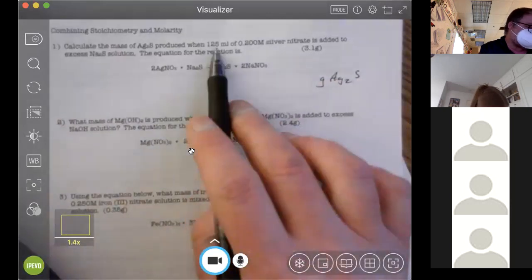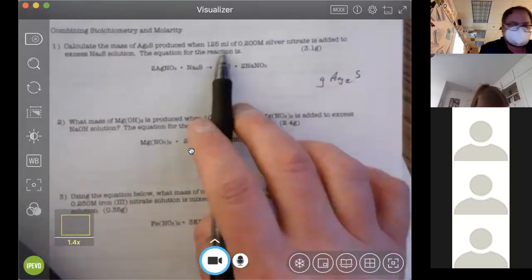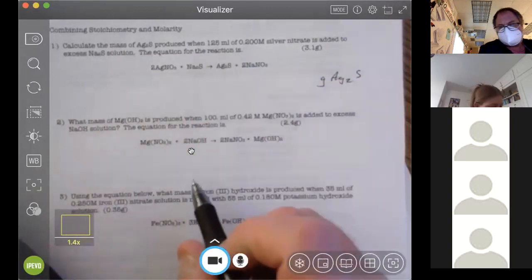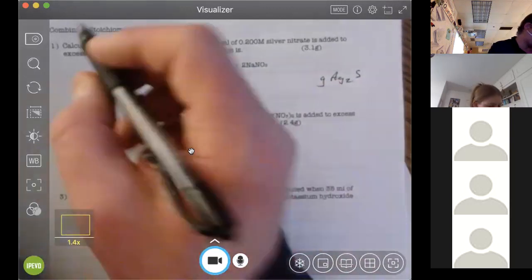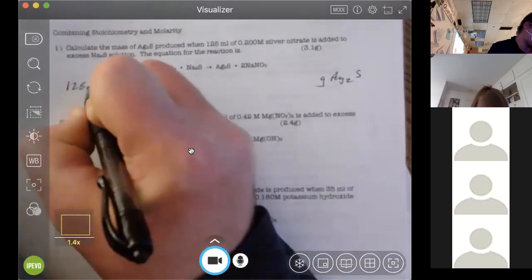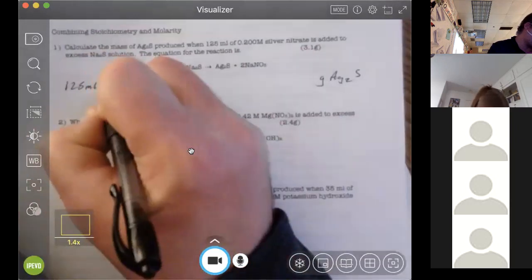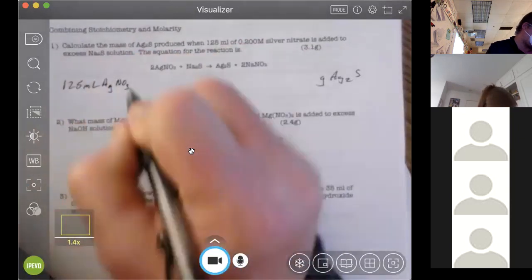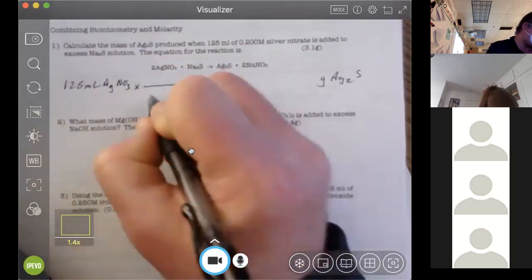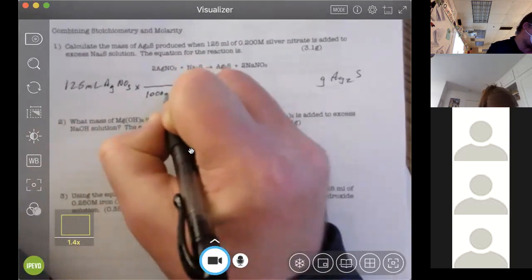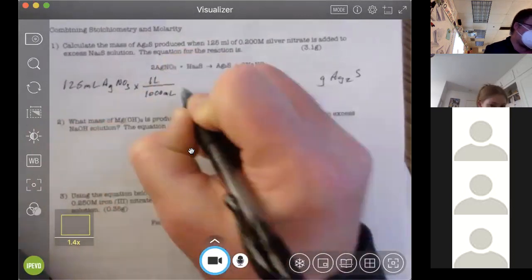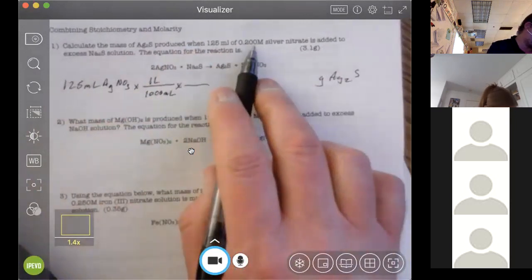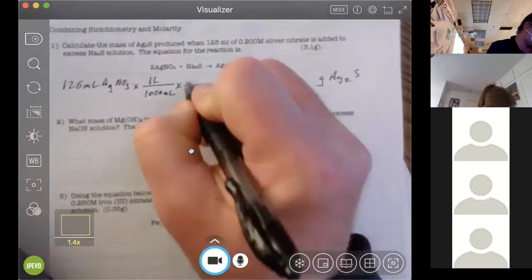Which of these has one unit? Milliliters. So if we start with 125 milliliters of silver nitrate, every 1,000 milliliters is 1 liter, and every 1 liter has 0.200 moles.